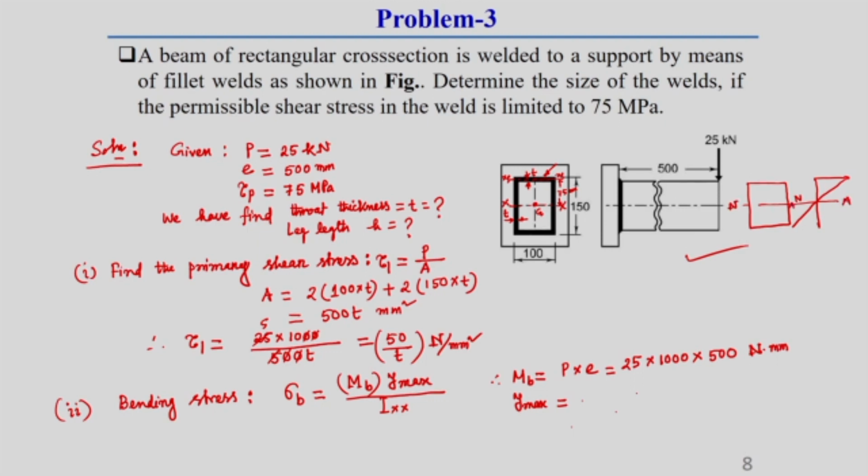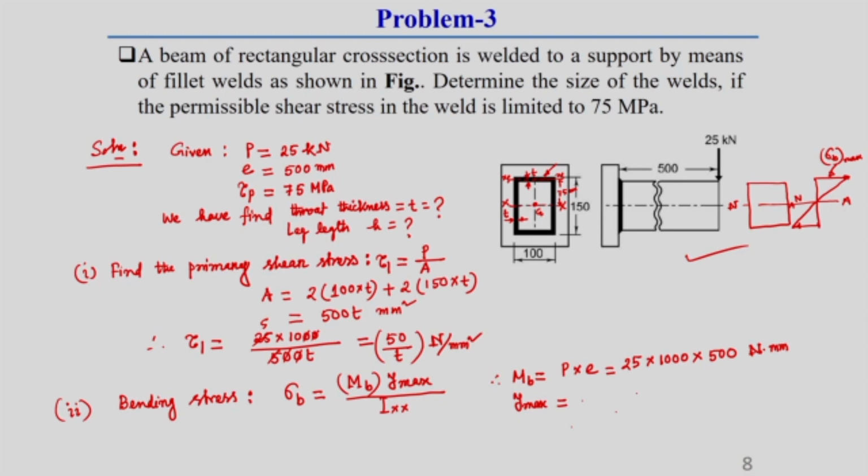About the neutral axis, the top fiber is generally subjected to tensile bending stress, and this is the maximum sigma b. So the farthest distance from the neutral axis, or the CG axis of the weld, has the maximum bending stress. That is why we should consider this maximum to design the dimension of the weld.